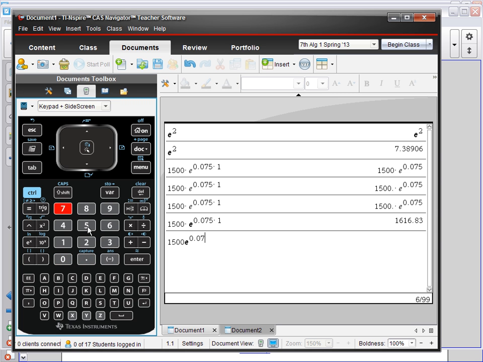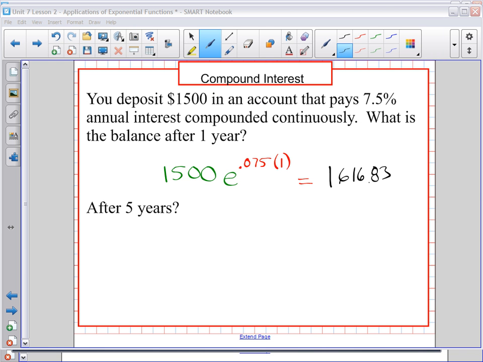And it kept returning the answer that you see over there a couple times where it didn't do anything for me, and that was very frustrating. So make sure you use the E button. The number that we get is $1,616.83.